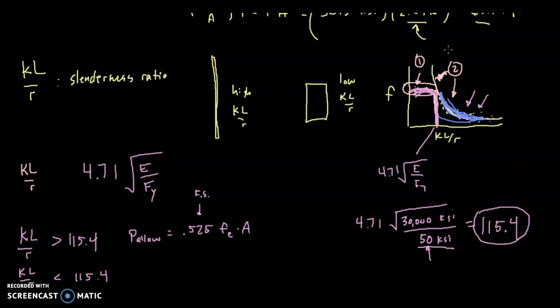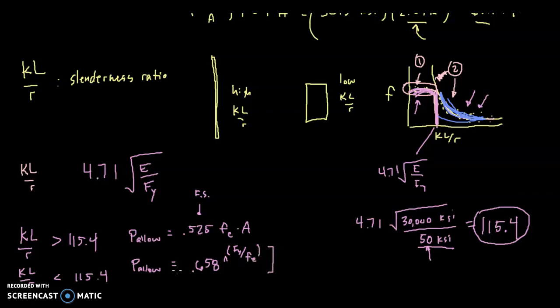If it's less than 115.4, though, that means we're over here in this part of the curve that doesn't follow the curve of the Euler equation, and so we have to modify it, kind of significantly, I guess you could say. So the P allowable in this case is going to be equal to 0.658 to the power of, and up in the exponent we have Fy over F sub E. So the yield stress divided by the Euler stress.